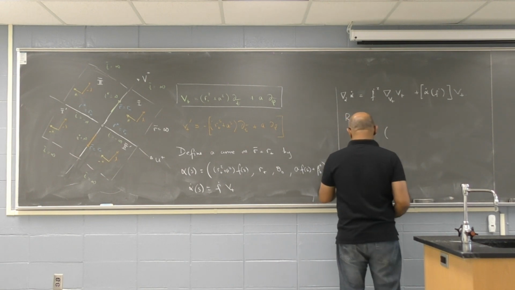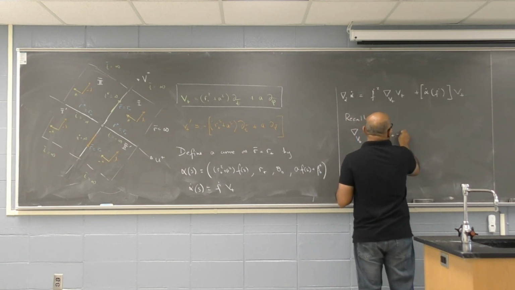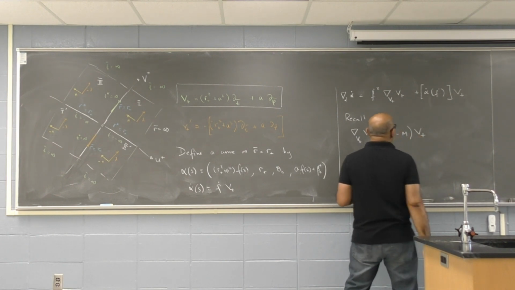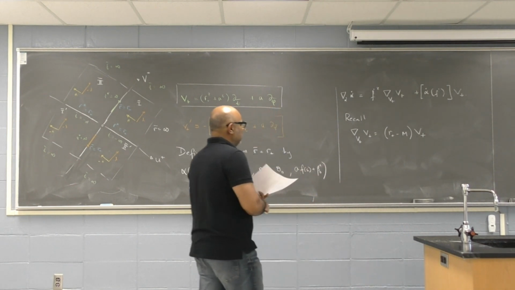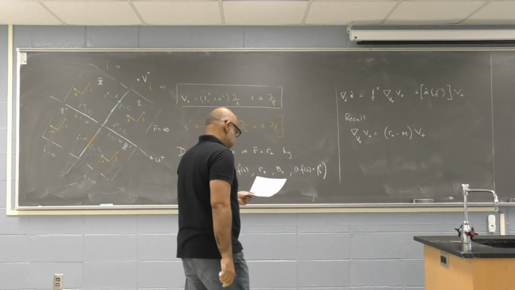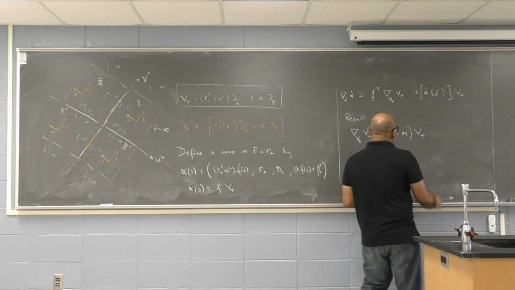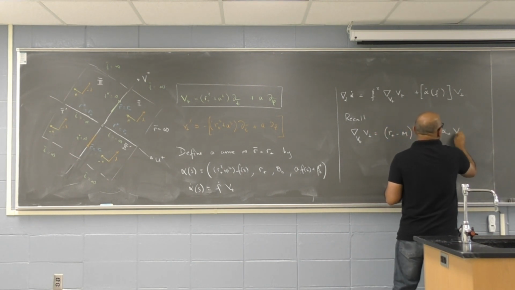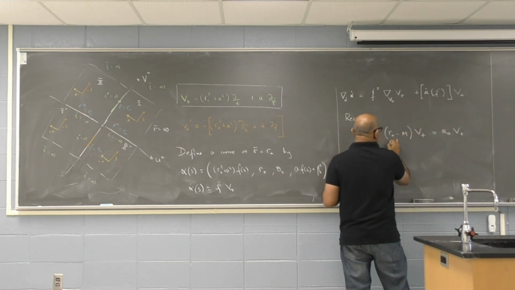I think it's r plus minus m v plus. All of this is on the horizon. Okay? And I also call this alpha 0 v plus.